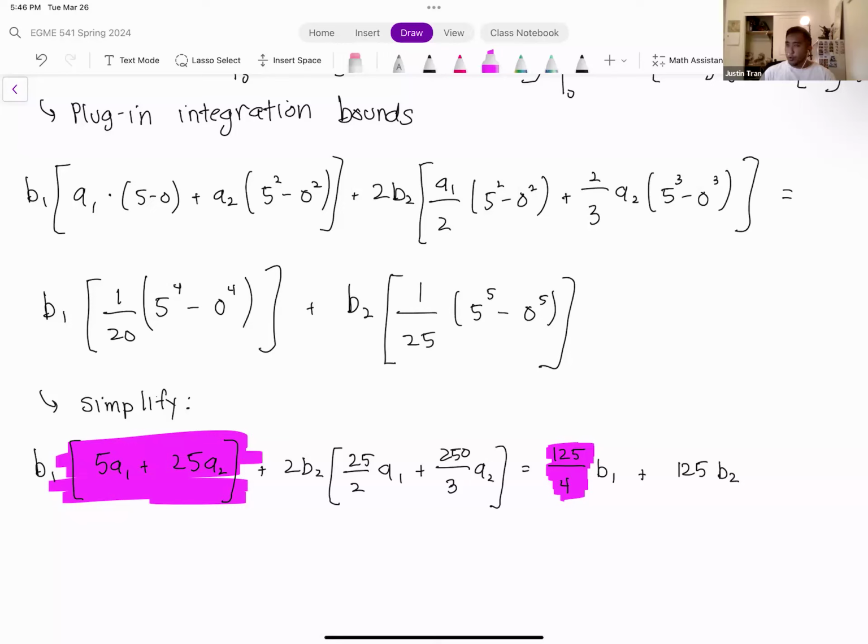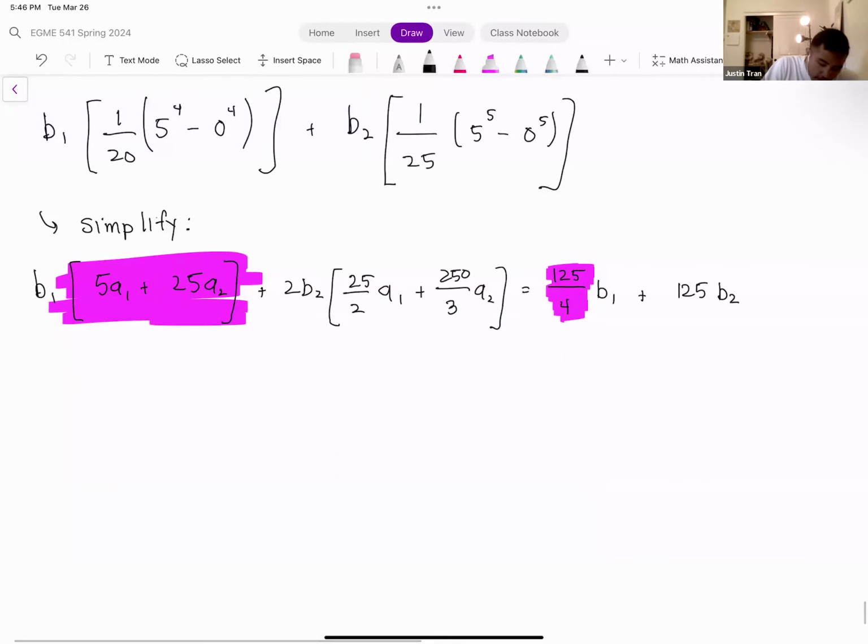And in order for this equality to work out, assuming that B1 and B2 are different, completely different variables, the things in purple on the left have to equal the things in purple on the right. So in other words, we can make an equation out of this. We can say that 5A1 plus 25A2 is equal to 125 over 4.